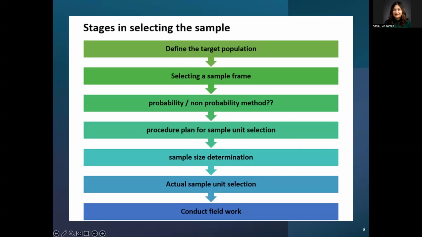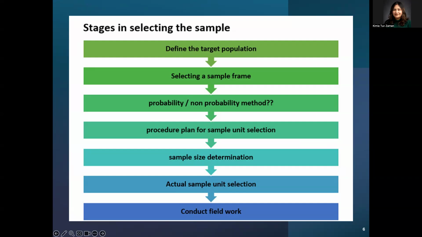Here is the sampling workflow from idea to data collection. The first stage is to define the target population: who, where, and when. Next, pick a sampling frame, the list you will draw from, and then decide your method: probability if you need statistical generalization, non-probability when appropriate, and with caveats.